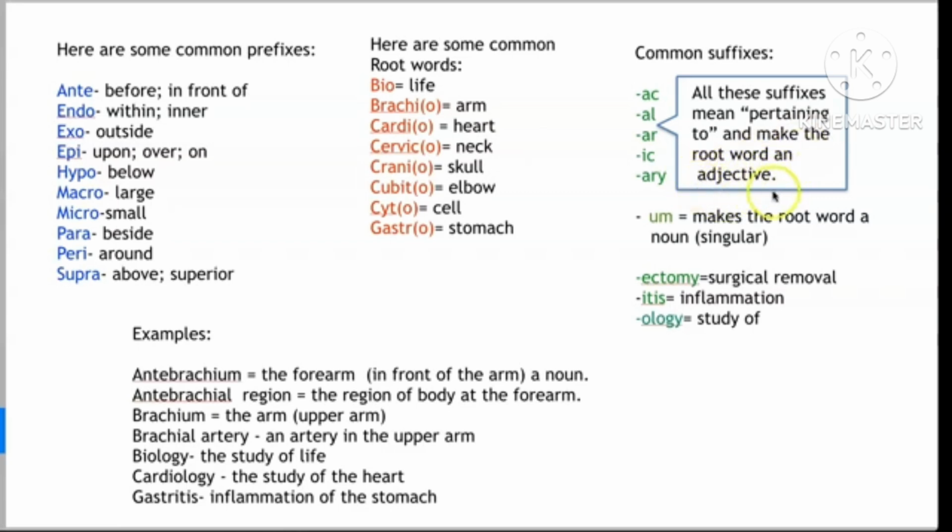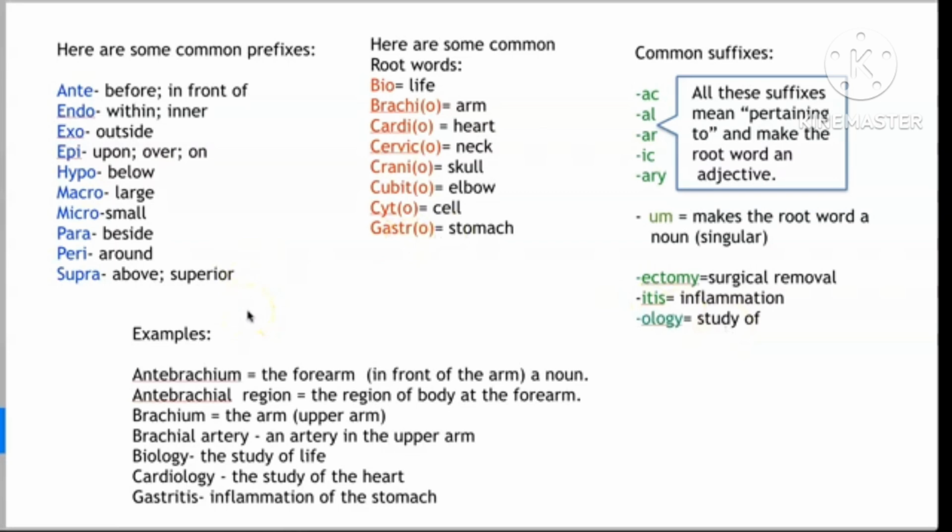Remember, adjective is describing something. This will make a little more sense when we get through this lesson. If the suffix ends in UM, it makes that root word a noun. And it makes that noun singular. Here's some other suffixes. Ectomy, surgical removal. Itis, inflammation. Ology, study of.